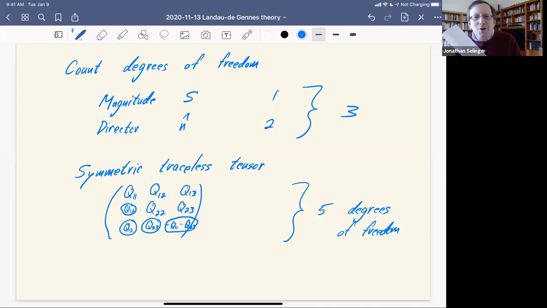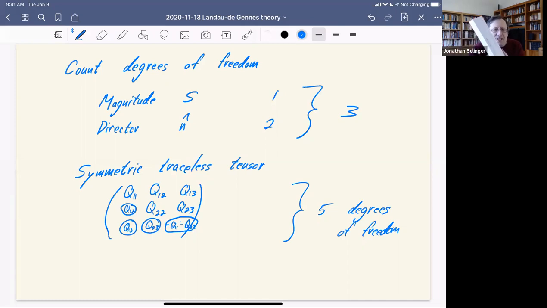So suppose you have a box like this, where the 3 directions are all different from each other. There's a long direction, there's a medium direction, there's a short direction. In that situation, you need 2 angles to represent what orientation is the long direction, down from the vertical and going around.